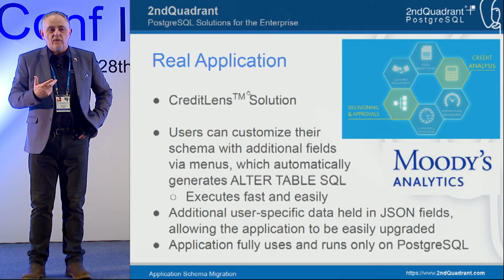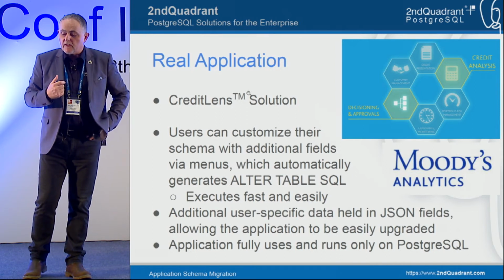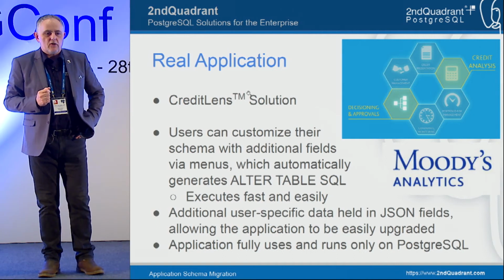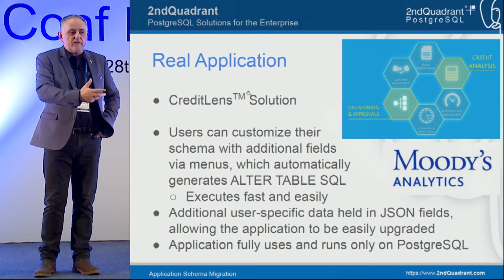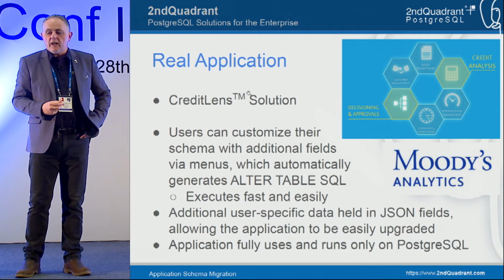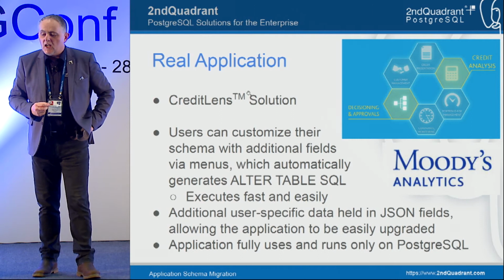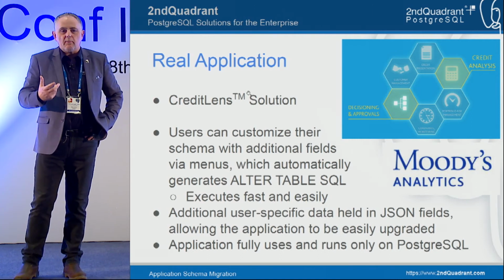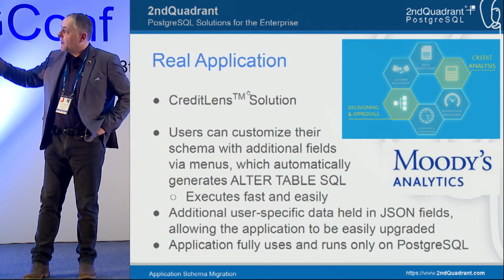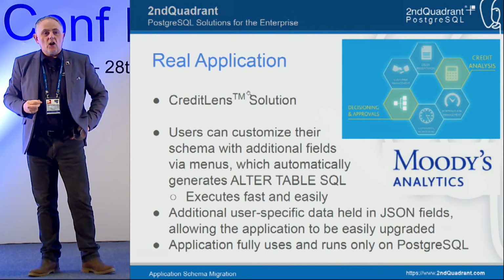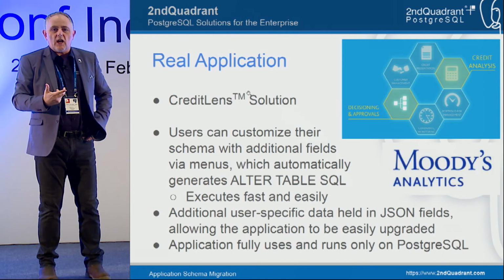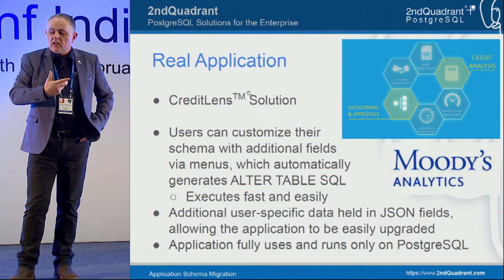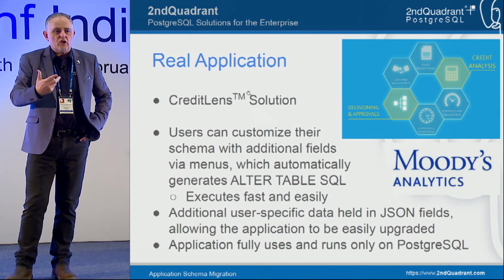So the latest version of the application called CreditLens runs only upon PostgreSQL. And the reason for that was multifold. Obviously, they were migrating away from other databases, but the CreditLens application itself is managing lots of disparate types of information. And it's quite important in that world that the different types of information are managed correctly.